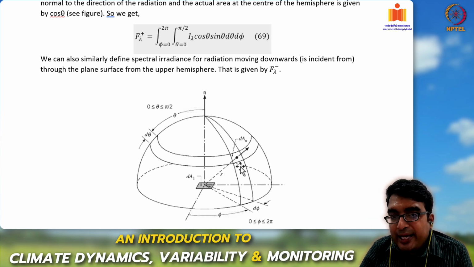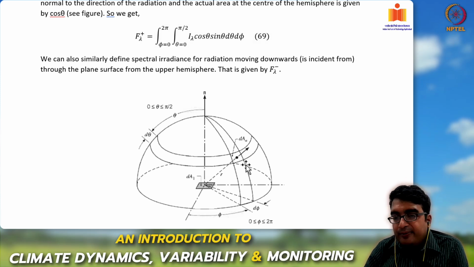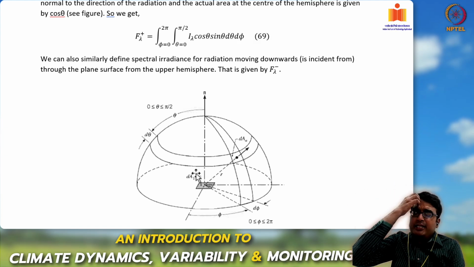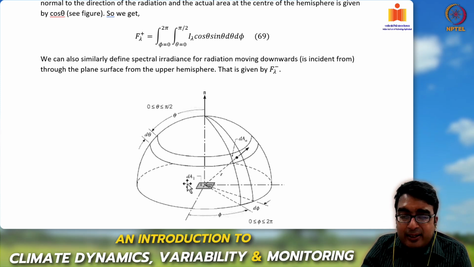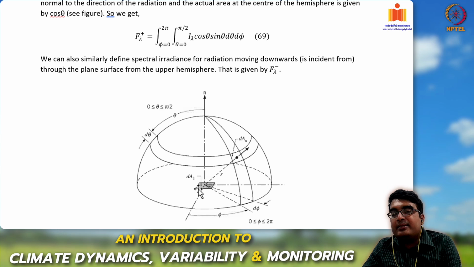The unit solid angle is basically sin theta d theta d phi. That is the d omega term. The cos theta term comes from the inclination of this area over which the radiation intensity was defined and the plane area A, and the angle between them is the cos theta term as we discussed earlier.